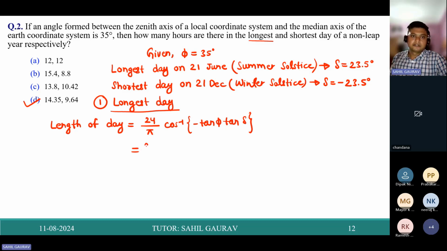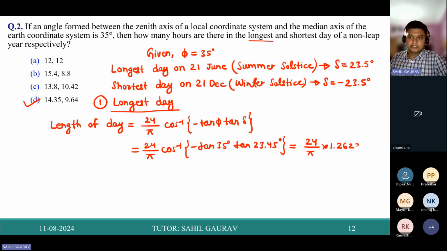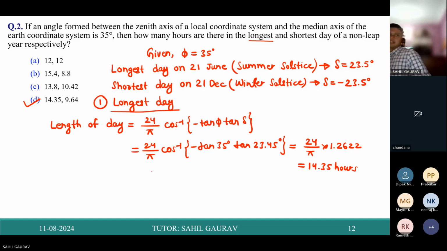Just substitute all these values: 24 upon pi cos inverse of minus tan 35 degree tan 23.45 degree. So you will get 24 upon pi into 1.2622, so it will be 14.35 hours. So from this longest day you can get the answer, 14.35 hours.